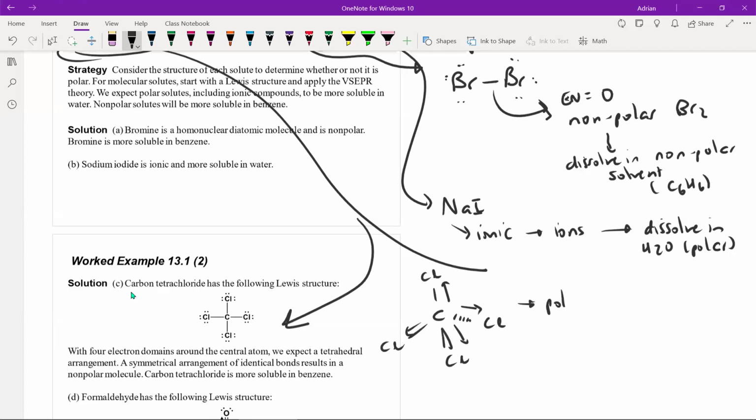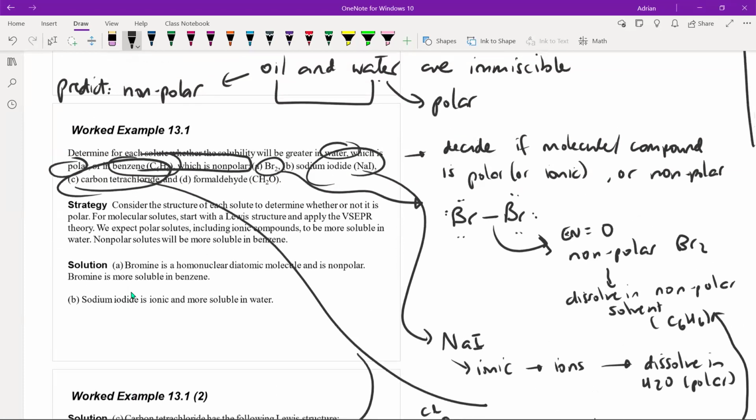So the polar bonds cancel, which means overall CCl4 is going to be non-polar, and it will also dissolve in a non-polar solvent like benzene.